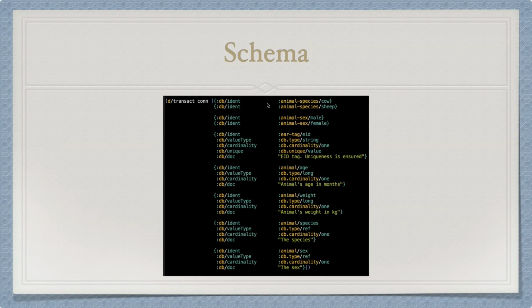So for example, we can create those, let's say, the DB idents. It means that we are creating a possible field for the database. So for example, this ear tag EID, right? And now the prefix doesn't matter, it's just for organizing the data. So we can think of this as helping us out.